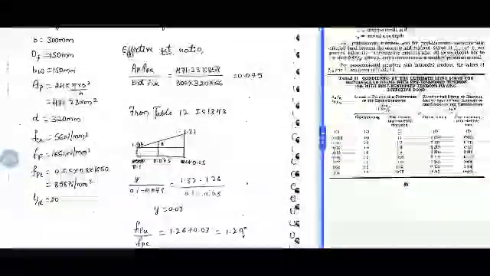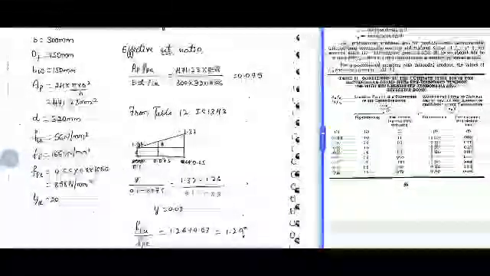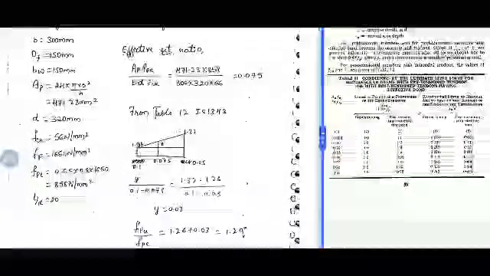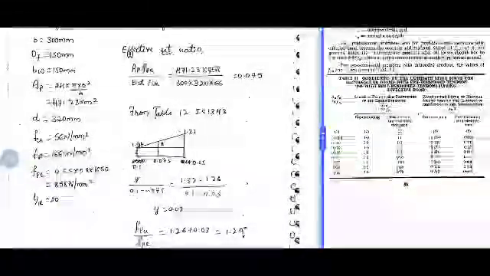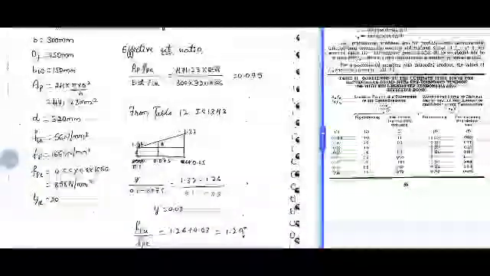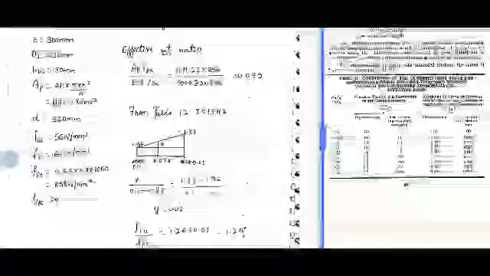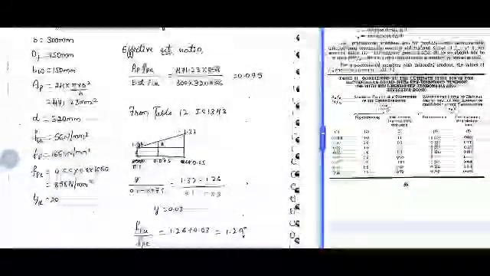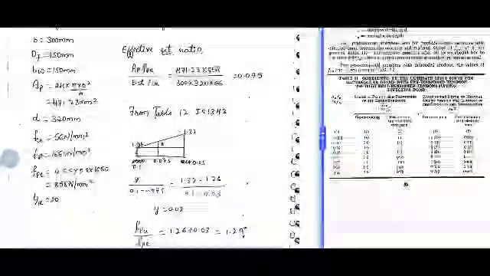So 65% of 1650 you have applied. Again among that 65% of 1650, 20% of the stress is lost. So again the loss ratio is 0.8. So we need to consider both, 0.65 into 0.8 into 1650. So finally we will get 858 Newton per mm square, that is the effective stress.